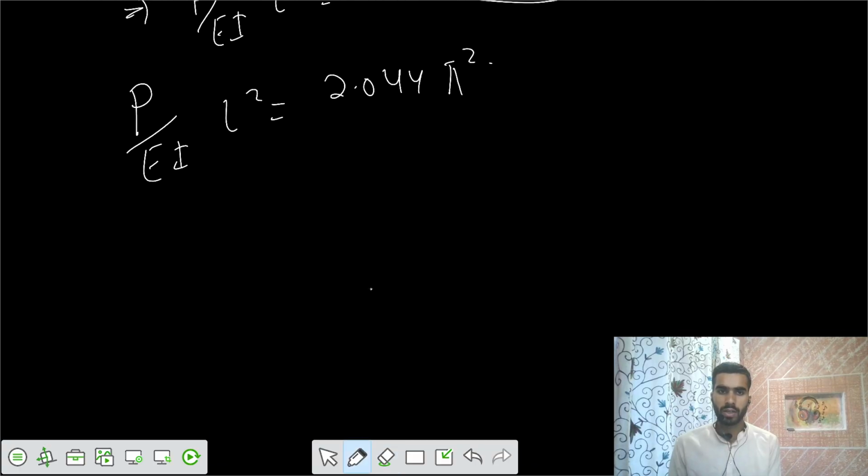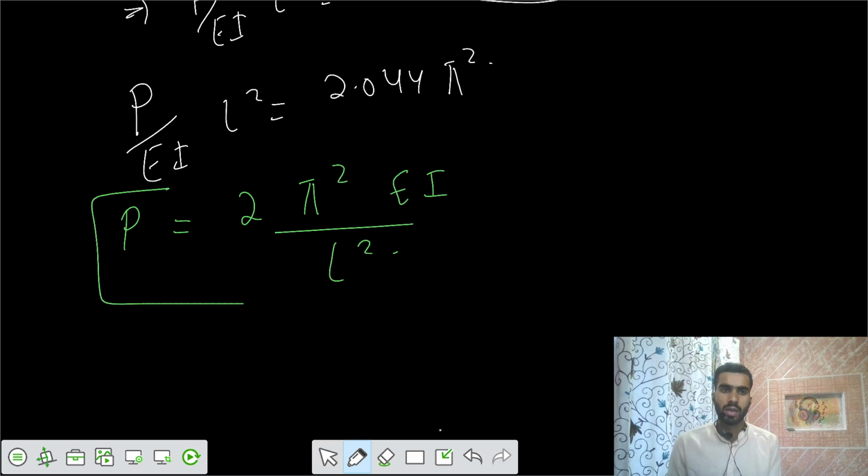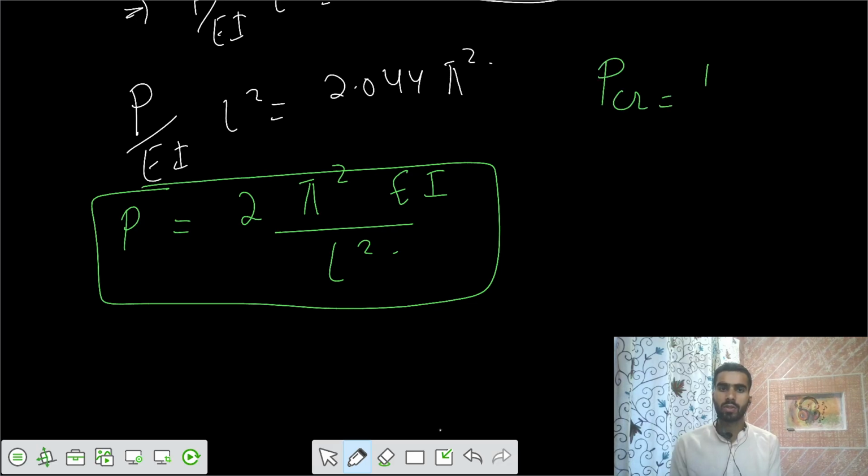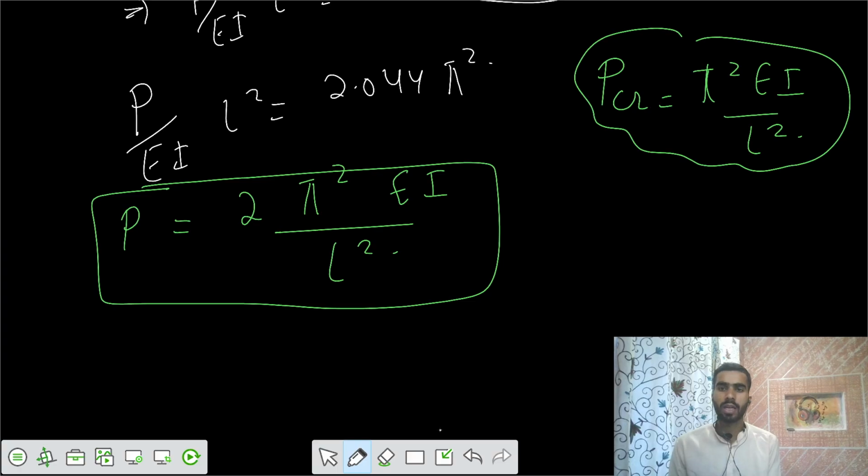So finally we got the equation that P critical, let's keep it P, equals 2 pi square EI upon L square. But the equation of Euler's critical load was pi square EI upon L square. If I want to keep it in terms of effective length, then I have to convert this length in terms of effective length.